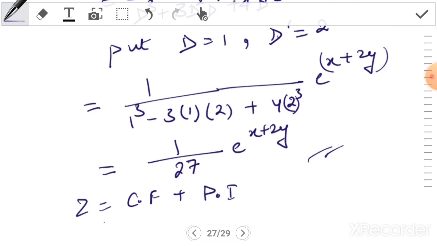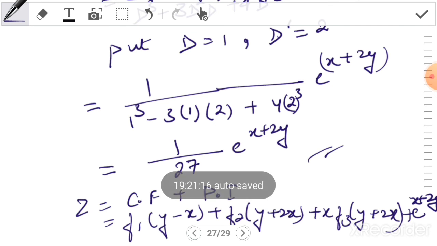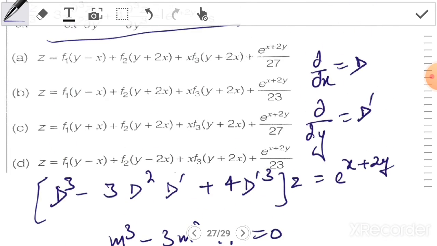So adding, we have the final solution as f1 of y minus x plus f2 of y plus 2x plus x f3 of y plus 2x plus e power x plus 2y by 27. Okay, so the answer is A.